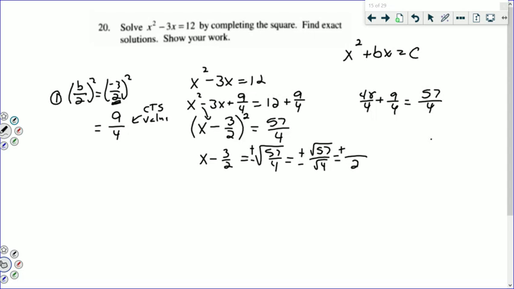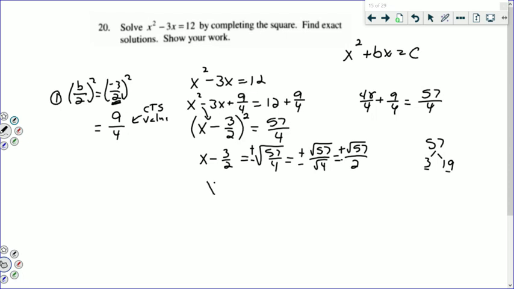So then the 57, if we make a factor tree, 2 does not divide nicely. Let's go with 3. 3 and it looks like 19. 19 is a prime number, and 3 is a prime number, so it's just stuck as the square root of 57. There's nothing we can do with it. Plus or minus the square root of 57 over 2.